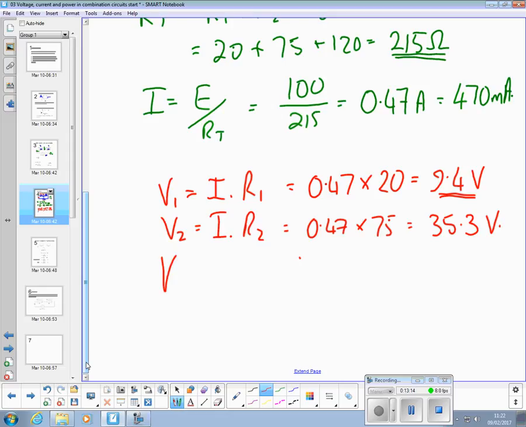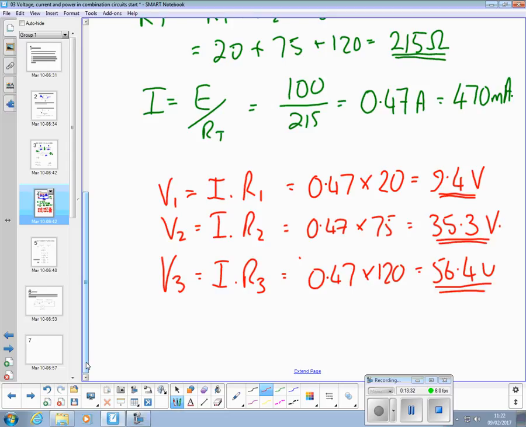And V3 is I times R3. If you add all those up, what do you get? It's only not exactly equal to 100 volts because we've rounded.